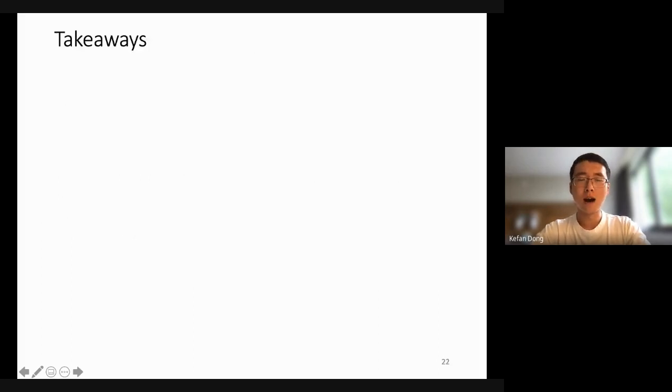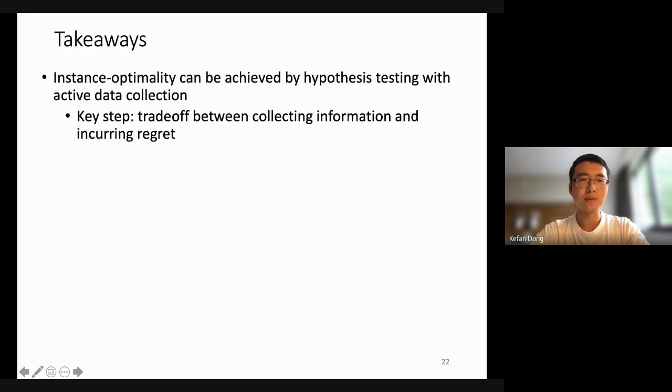All right. So let me finish by talking about some takeaways. First of all, through this algorithmic framework, we show that instance optimality can be achieved by hypothesis testing with active data collection. The key step here is to find the best trade-off between collecting information and incurring minimum regret.